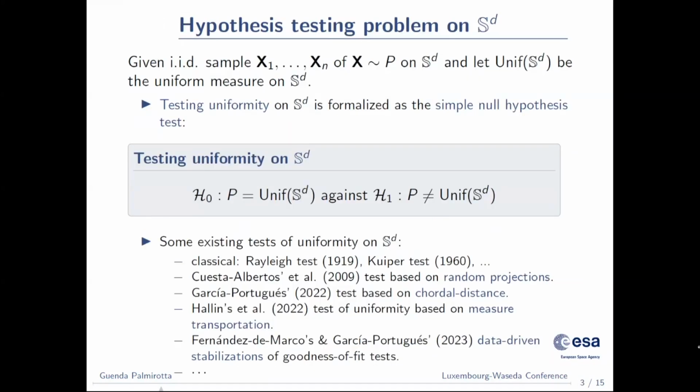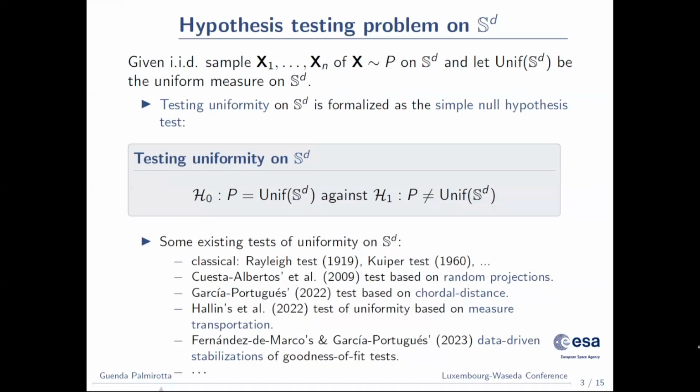So let us be more precise. Given an i.i.d. sample of points on the hypersphere S^d, of our unit random vector X, where P is the probability distribution and Unif(S^d) is the uniform measure on the hypersphere.